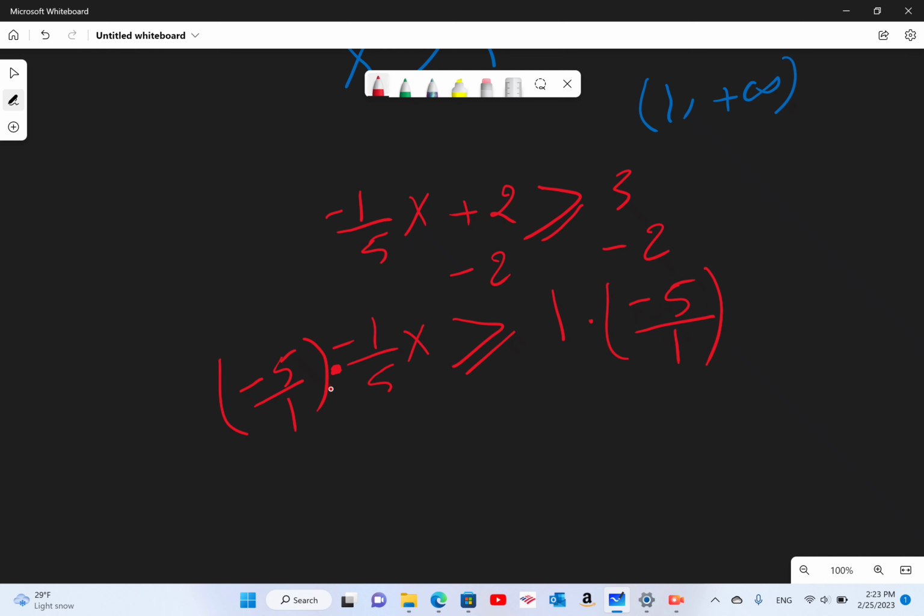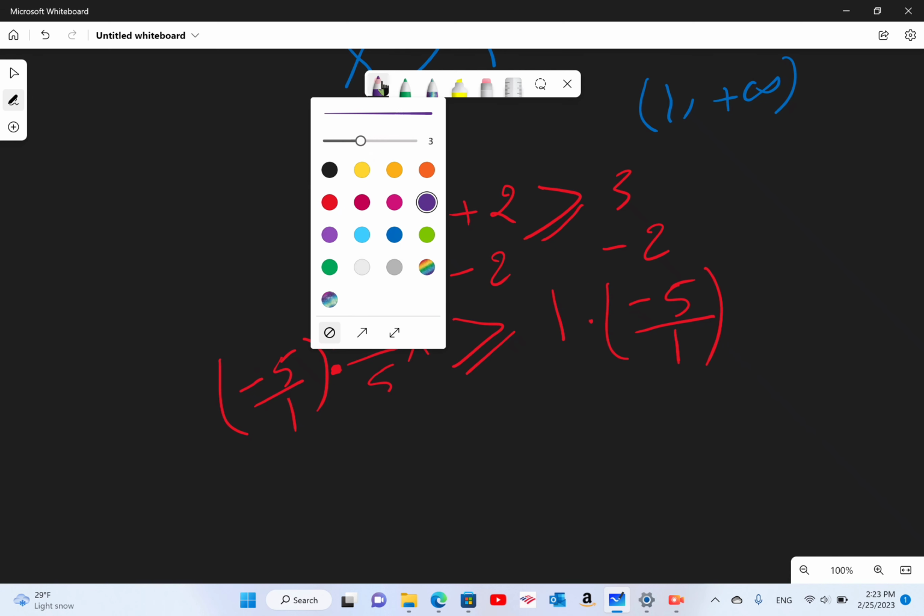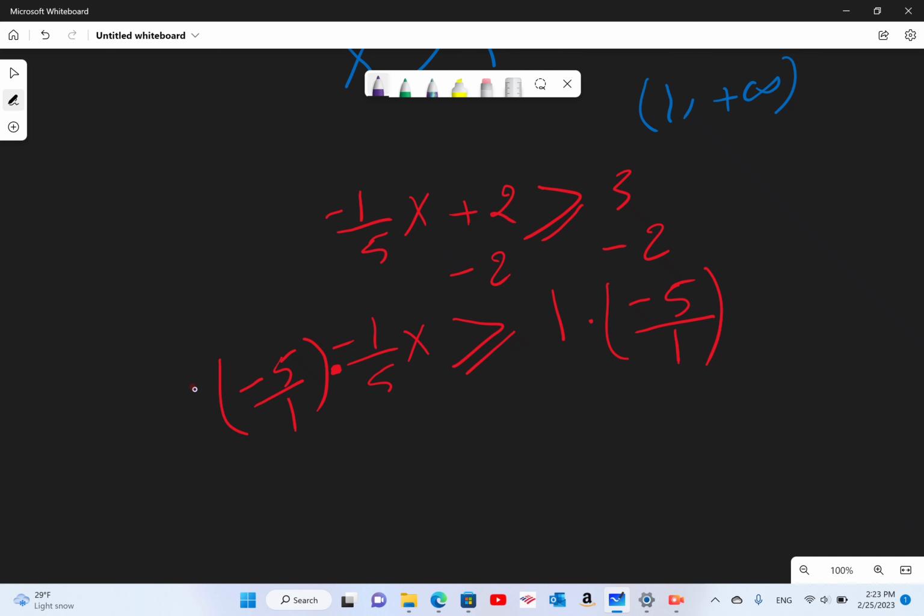Since we are multiplying by a negative number, there is a negative sign here, it means that we have to reverse the sign of the inequality. So we get x less than or equal. If it was greater than or equal, if we reverse it, we do less than or equal. So we have to keep that "or equal" when reversing the sign.